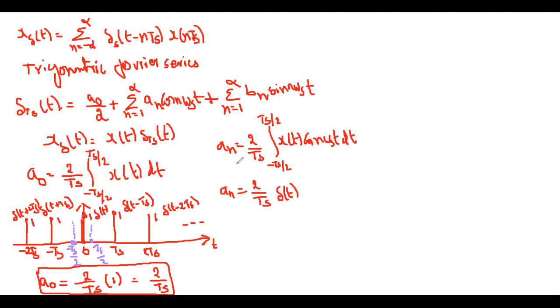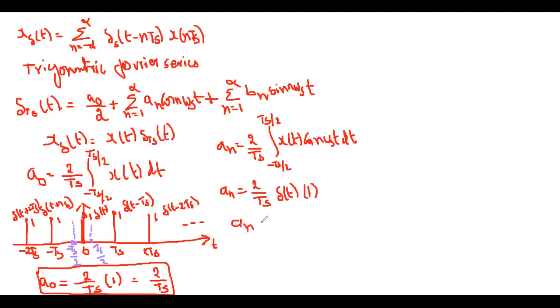What is the n here? n is equal to 0, because we have only the 0 term. The other impulses are at n into ts, where n is 1, n is equal to 2, n is equal to minus 1, and n is equal to minus 2. So here I am taking n is equal to 0, cos 0. What is cos 0? Cos 0 is equal to 1. The delta t function is also 1.